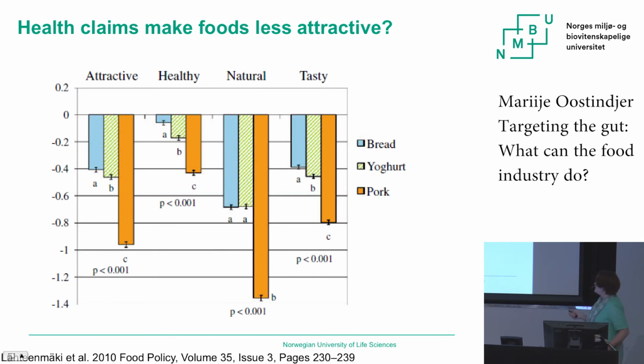It seems that, in general, health claims make products less attractive, at least for Scandinavian consumers. You see there's also some difference between food types. So bread or yogurt with the health claim is not as much less attractive as pork with a health claim. It reduces the attractiveness a lot.